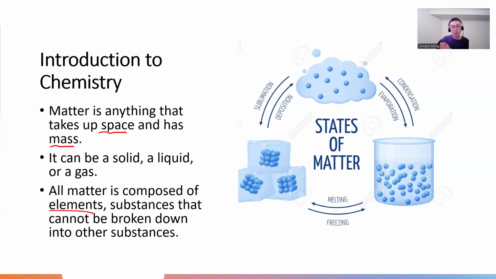Whereas if you think about water, you can actually run electric current through water and you can split it back into hydrogen and oxygen. So water is not an element because you are able to break it down further into other substances. It's only an element if you can't break it down further.